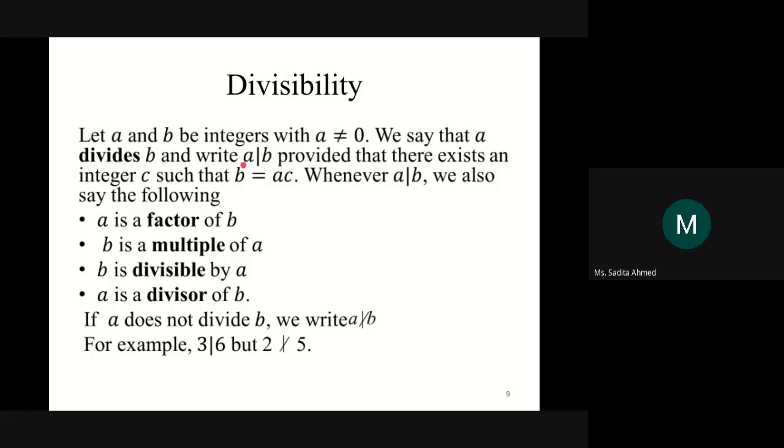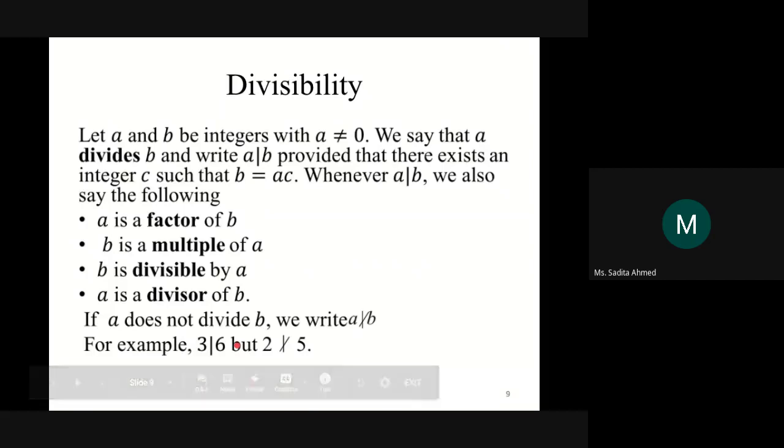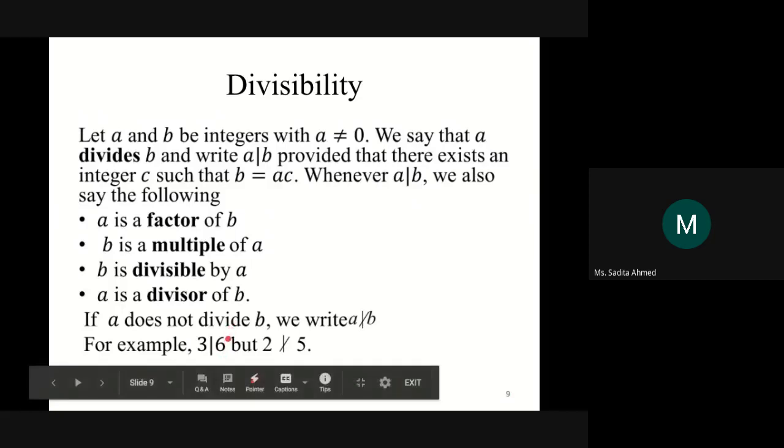Suppose we say that an integer divides another integer, like 3 divides 6. Why can we say that? That is, 6 can be divided by 3. Because if you divide 6 by 3, you get 2 in the result. Or 6 can be represented as 3 multiplied by 2.